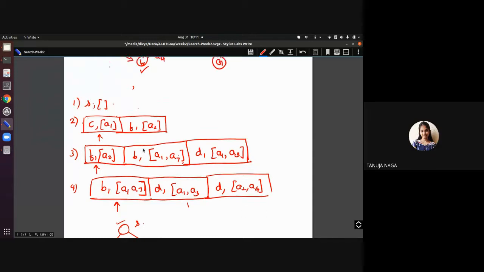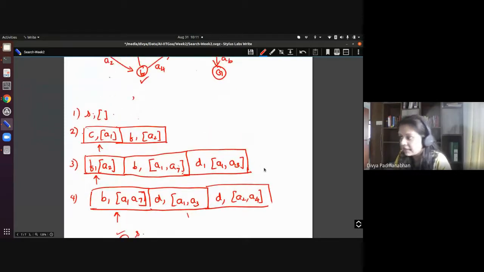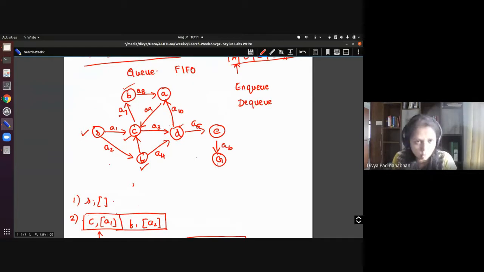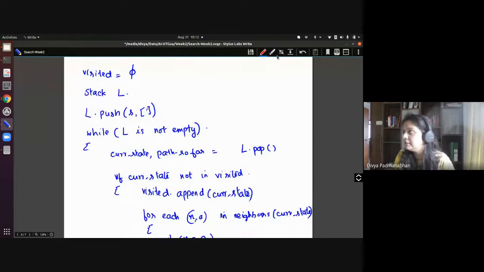You might end up visiting some state twice, but what we care about is only the goal state, right? The goal state is going to be visited only once, because the moment you identify that there is a goal here, you're going to stop. Okay. So in terms of the algorithm, let me just copy this and make the required change.